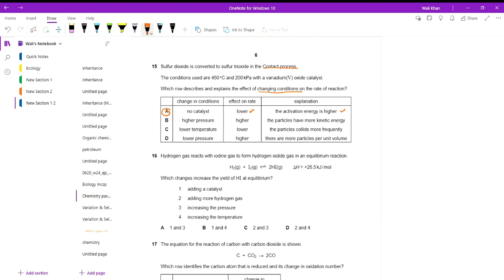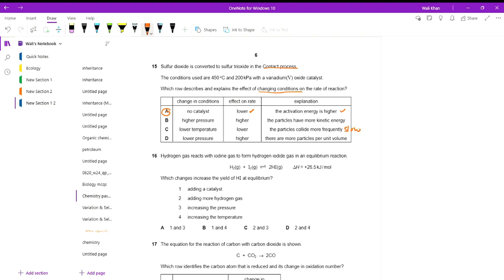No. This is not a suitable option. We can change the pressure, but it has no effect on the rate. Low temperature also has no effect on the rate. The particles collide more frequently. No, at low temperature, the particles will not collide more frequently. They are slow.